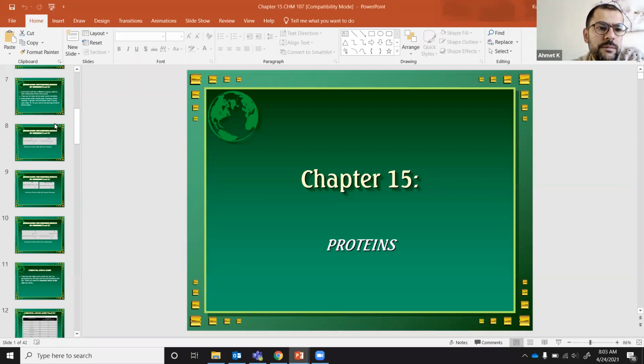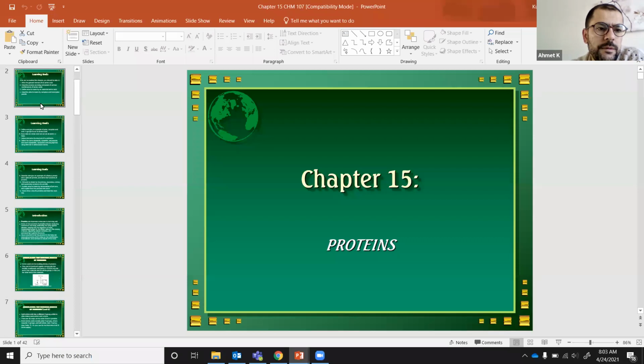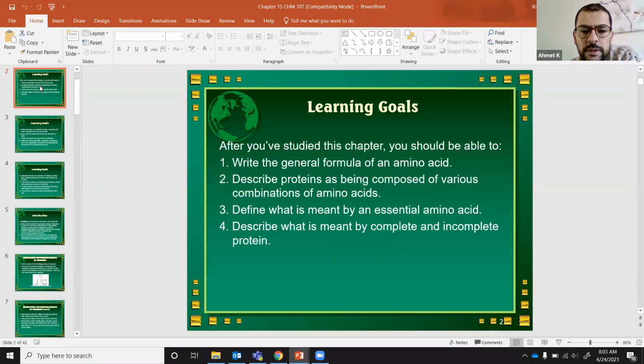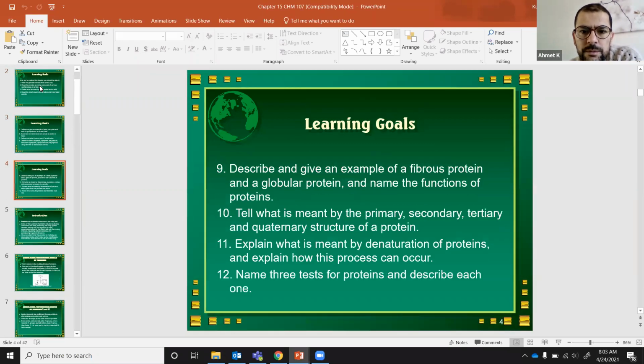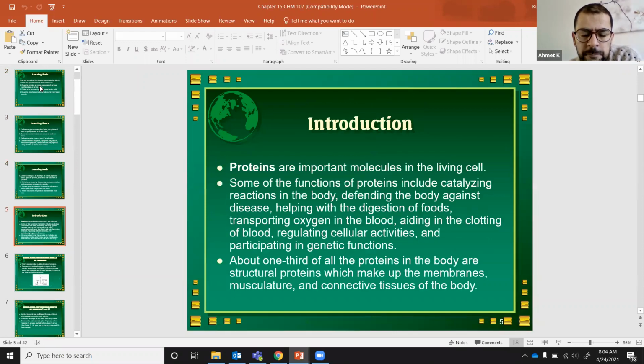All right. So, okay, these are going to be our learning goals. We can skip this here. Proteins are, as you can imagine, really important in our living cells, right? If you look at our whole body, pretty much everything is based on proteins. All the enzymes functioning in our body are telling it what to do, right?